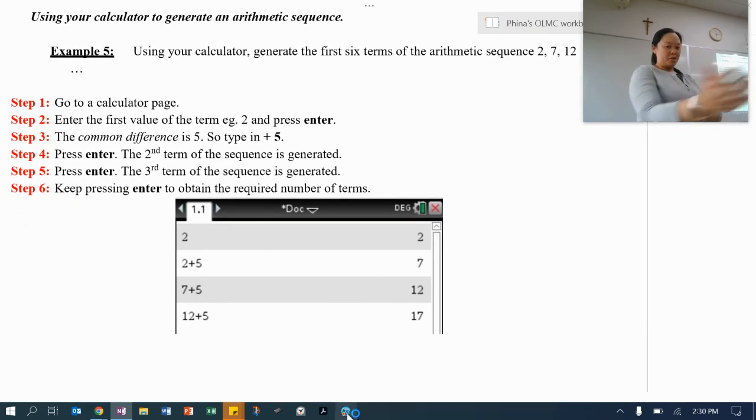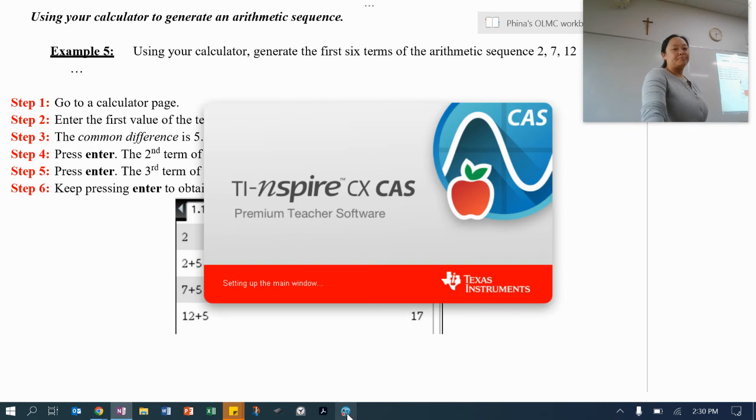So what I want you to do is go to a calculator page, a fresh page. Just look on so you can all see. You can grab it when we start doing work. Just give it a minute. It hasn't been turned on for a while.